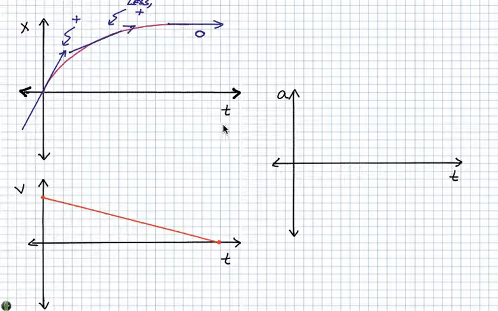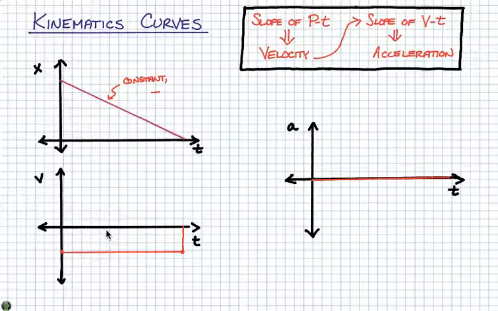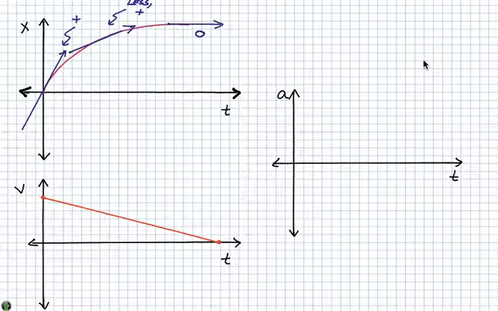If we want to go from a velocity time to an acceleration time graph, then we just have to go back and take a look at the slope of the velocity time graph, because the slope of a velocity time graph should give us our acceleration. So if we take a look at the slope of this line, you should notice it's negative. It's also constant.